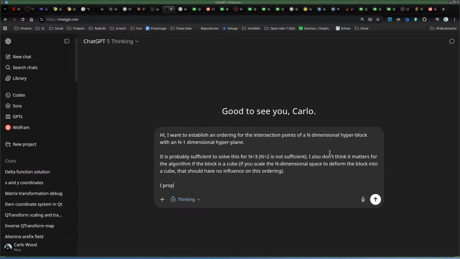I propose to order the 2 to the power n corners of a hypercube. Now it's a cube.